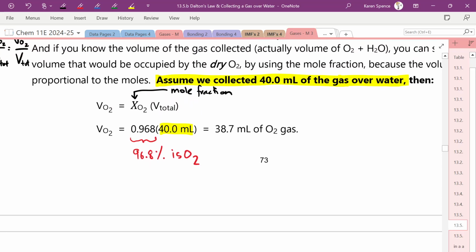All right, I guess we should make sure that we show this. This is the symbol for mole fraction.